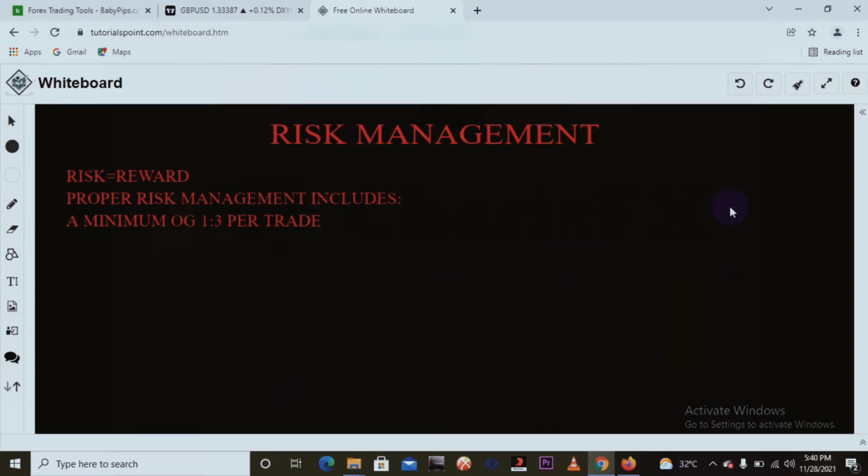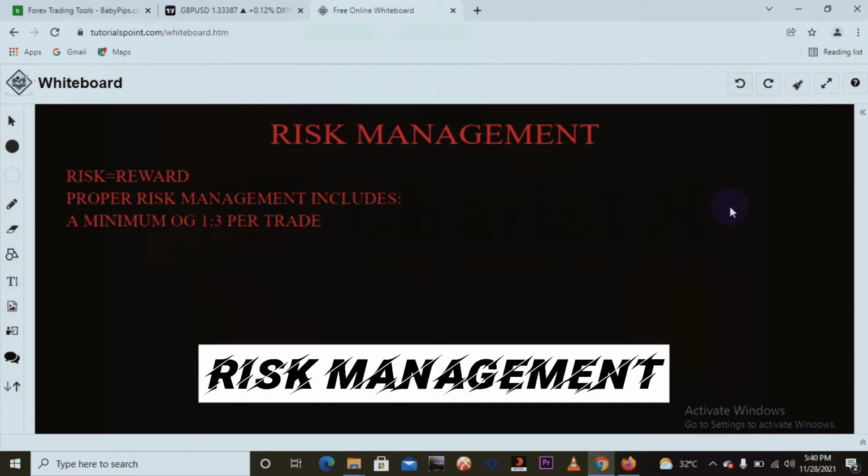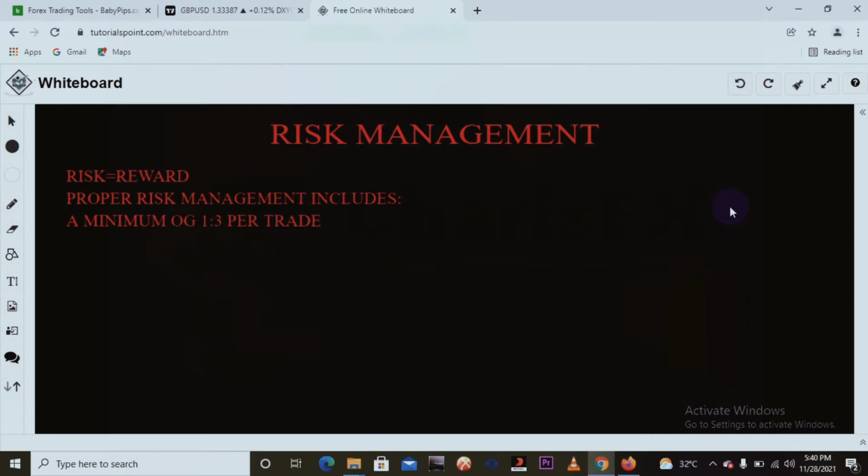Today we'll be talking about risk management. The subject of risk management is a very important subject in trading and it has the ability to greatly affect your trading. This is why I'd like you to be very strict and disciplined about the risk management strategies that you employ in trading.